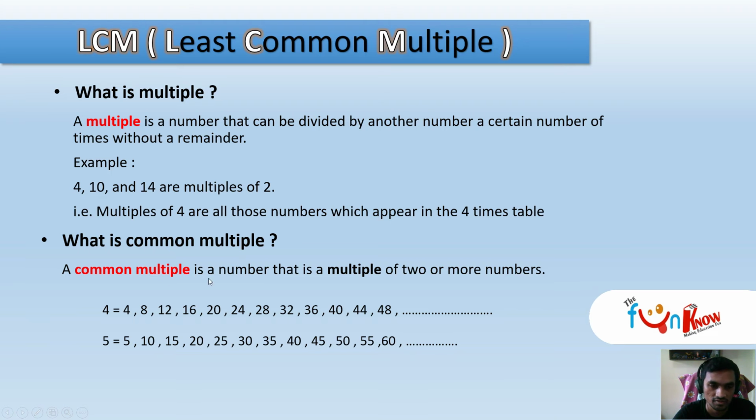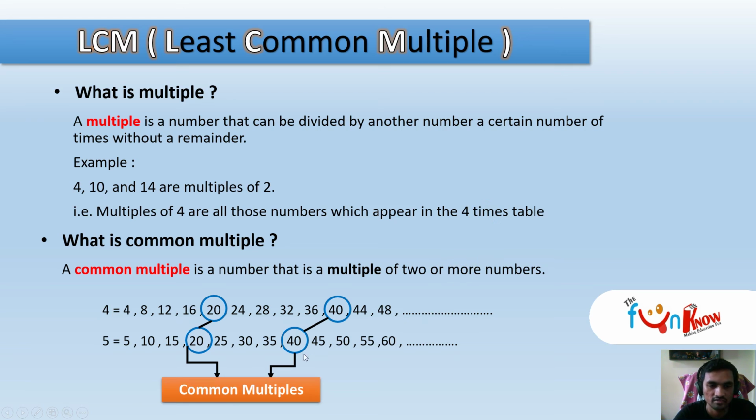So how do we find a common multiple in both of these sets of numbers? You can see that the numbers 20 and 40 are common. So these two numbers are common multiples of 4 and 5.